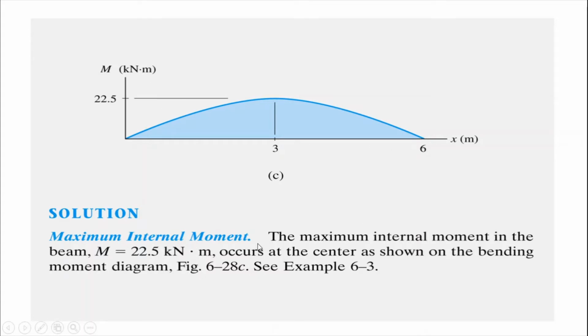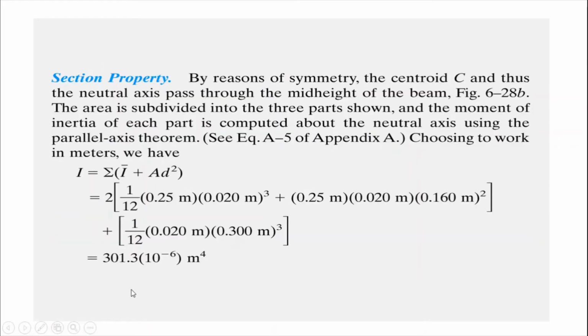The maximum internal moment in the beam is 22.5 kilonewton into meter, which occurs at the center as shown on the bending moment diagram. By results of the symmetry, the centroid C and thus the neutral axis pass through the mid height of the beam. The area is subdivided into 3 parts as shown, and the moment of inertia of each part is computed about the neutral axis using the parallel axis theorem.